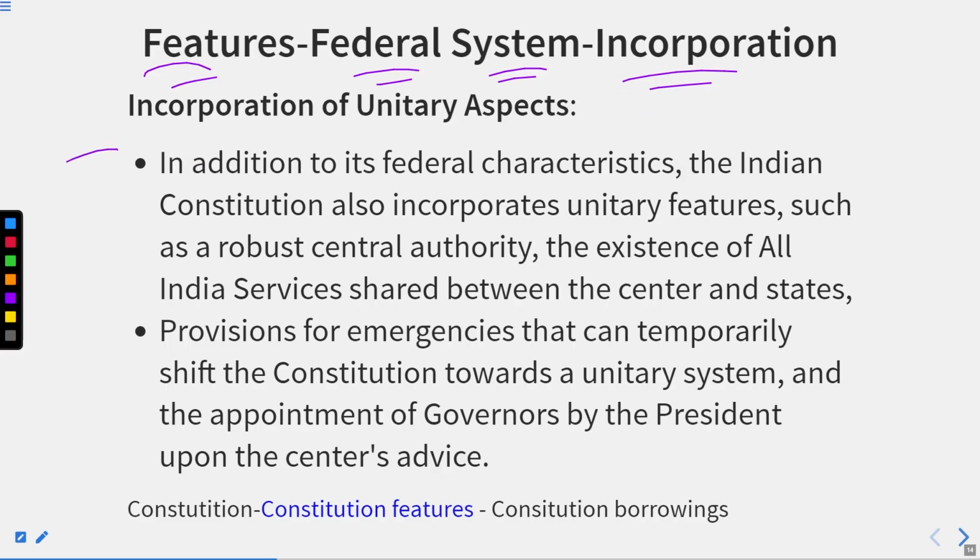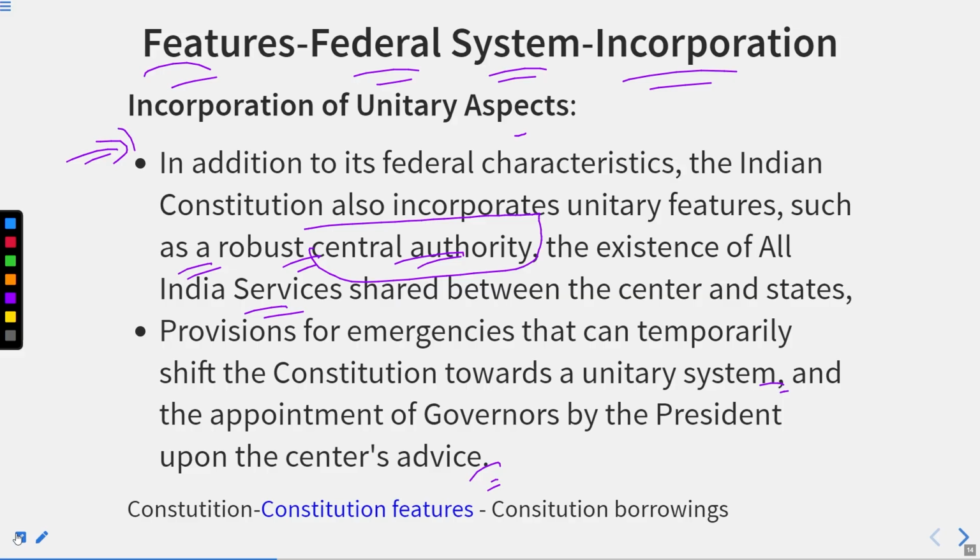Okay, so incorporation of unitary aspects. In addition to its federal characteristics, the Indian Constitution also incorporates unitary features such as a robust central authority, existence of all India services shared between the center and the states, provisions for emergencies that can temporarily shift the constitution towards a unitary system, and the appointment of governors by the president upon the center's advice.